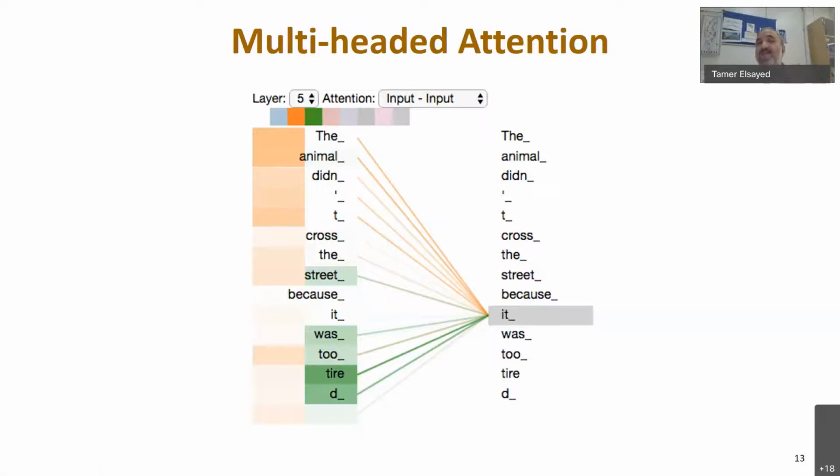That allows the machine to learn encodings in different embedding spaces. Each of these provides different embeddings, and these embeddings are combined together before going to the next layer.